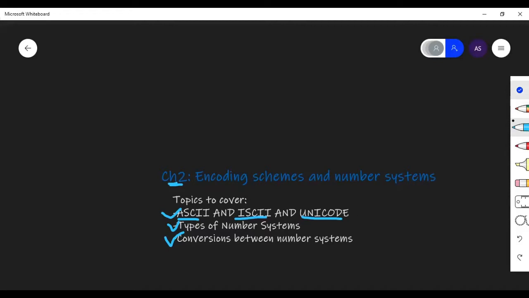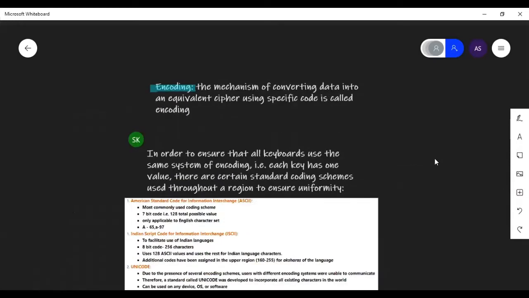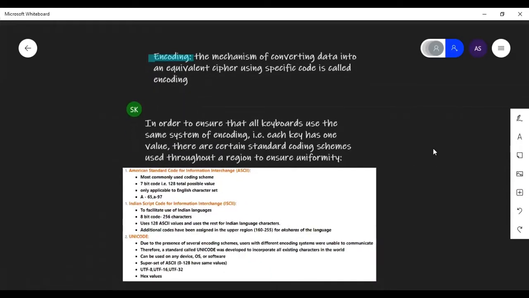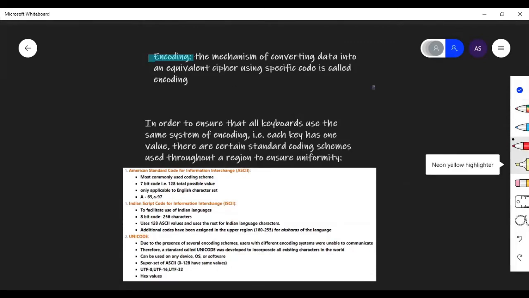So before we get into the different encoding schemes, we need to talk about what encoding actually is. Encoding is the mechanism of converting data into an equivalent cipher using a specific code. What does that exactly mean? Let's say I have a piece of data right here, and I want to input that into my computer.